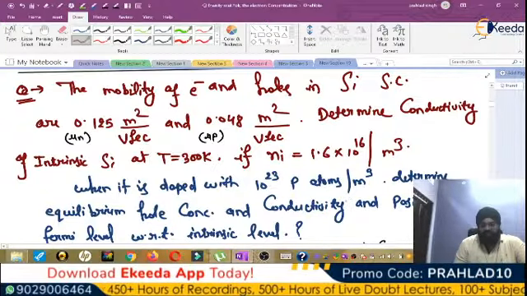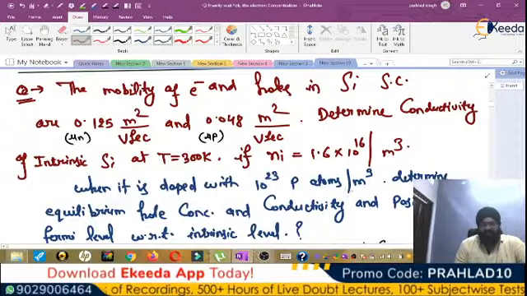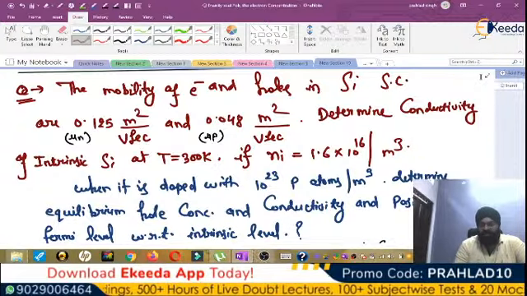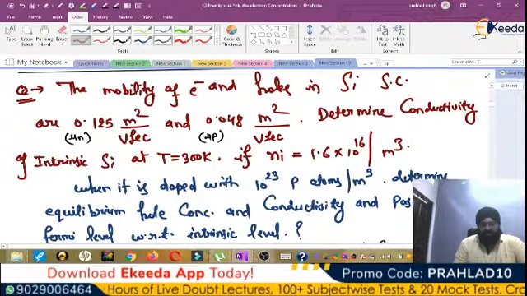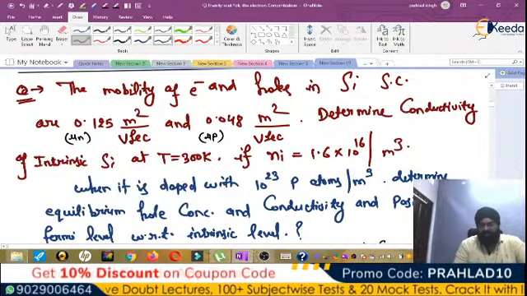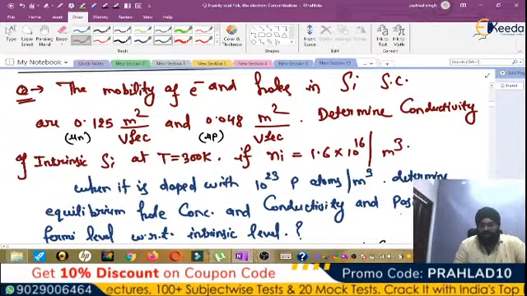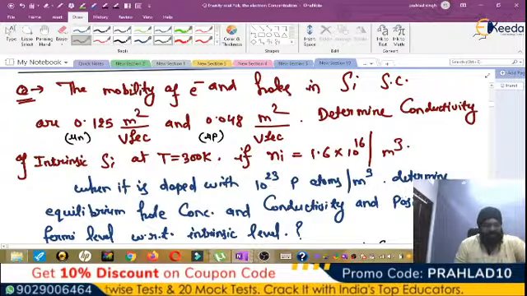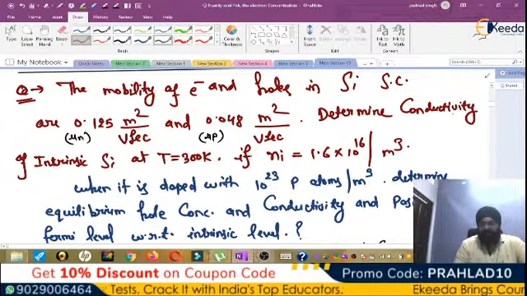When it is doped with 10 to the power 23 phosphorus atoms per meter cube, then determine the equilibrium hole concentration, the conductivity, and the position of Fermi level with respect to the intrinsic level.